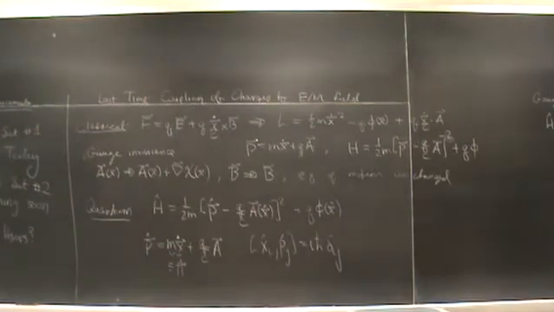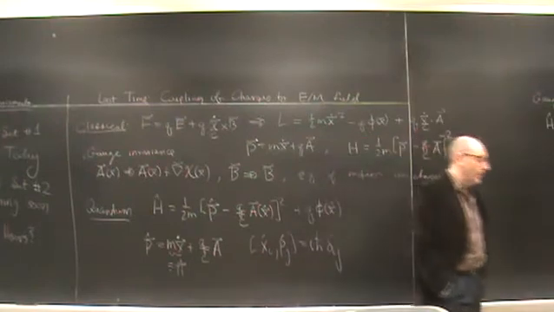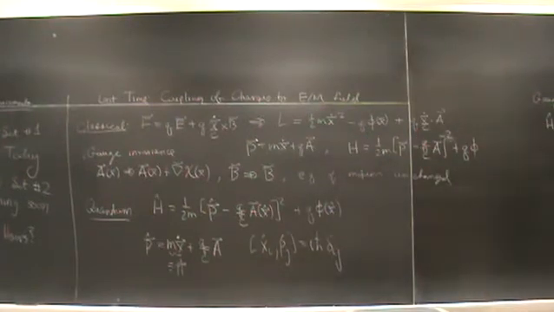The motion of the charge is the same. And we demand thus that the physics be gauge invariant. It should not depend on a choice of gauge. We choose the gauge we like for mathematical convenience, but at the end of the day, the physics doesn't depend on the choice of gauge. Okay?